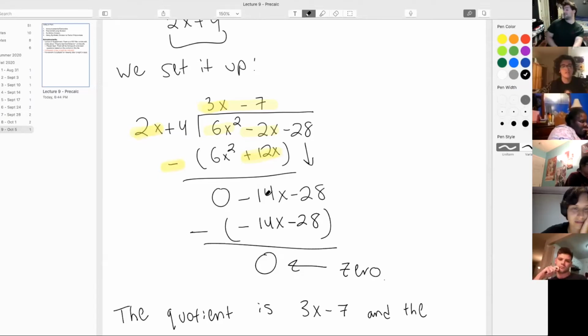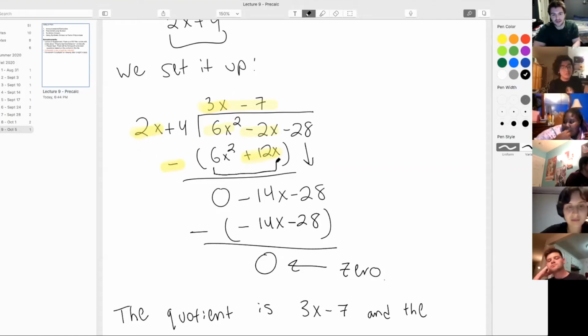Yes, exactly. So when this row right here, this 6x squared plus 12x, was obtained by doing 2x times 3x and then doing 4 times 3x. And 4 times 3x is plus 12x. So that's that. Okay, thank you. That explains another thing as well, so thank you.